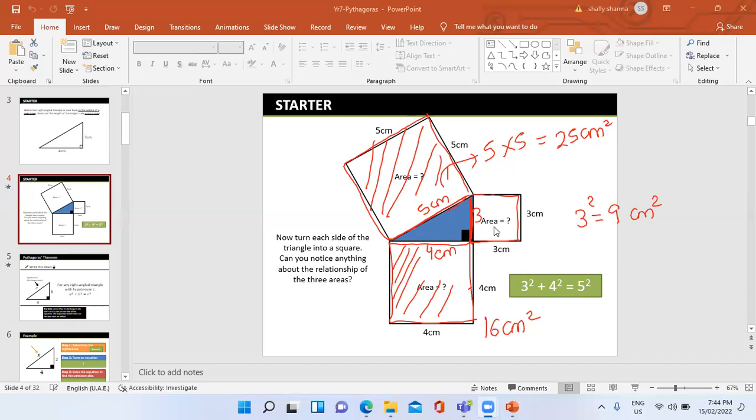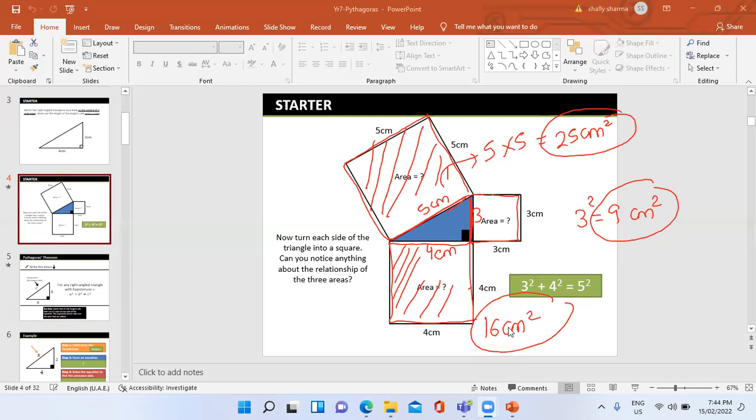Now look at these numbers carefully. Look at this area carefully. We have got 3 area values: 9 centimeter square, 16 centimeter square, and 25 centimeter square. Take some time to notice if there is any relationship between these 3 numbers, 25, 9, and 16.